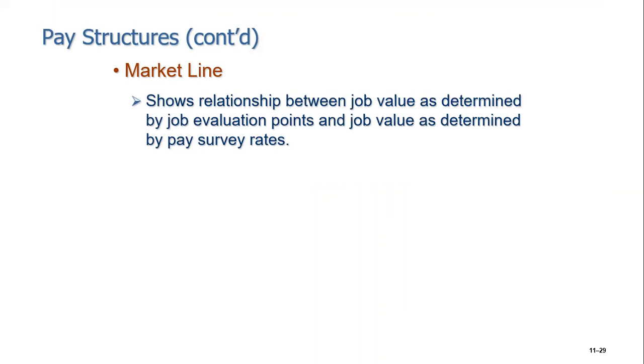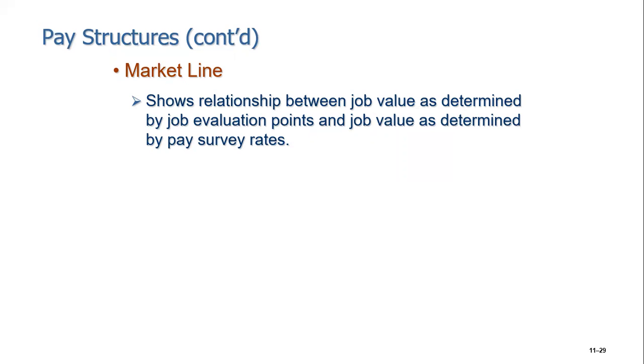Pay structures continue. What do you mean by market line? It shows the relationship between the market survey and the job valuation that we do internally in the organization. Job valuation is an internal job done inside the organization, whereas pay surveys are external data. We find the middle way between internal and external, and that line is referred to as the market line.